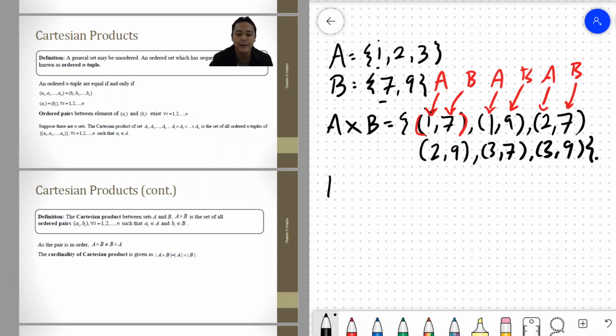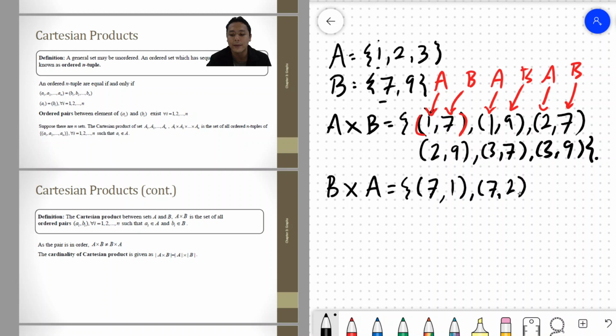We go back, for example, to B times A. This time, the first element on the left should come from B, which is 7. You pair it with 1, and you pair it with all possible elements from A as well.